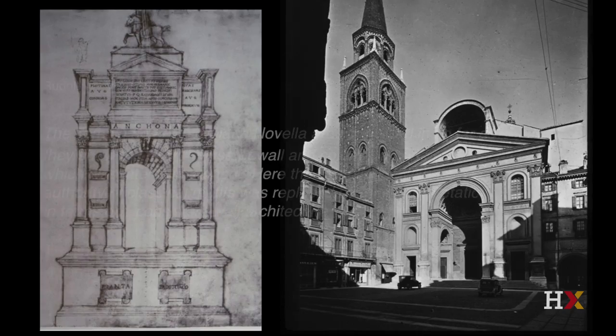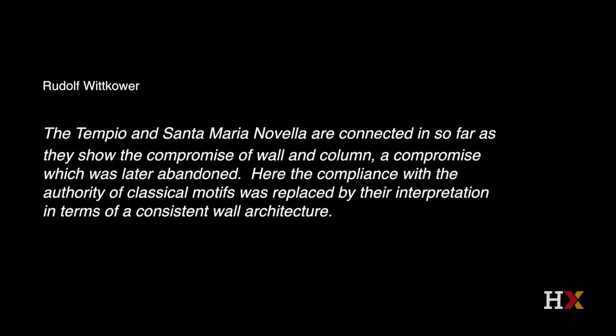Here's Wittkower. "The Tempio and Santa Maria Novella are connected, insofar as they show the compromise of wall and column, a compromise which was later abandoned. Here, the compliance with the authority of classical motifs was replaced by their interpretation in terms of a consistent wall architecture."